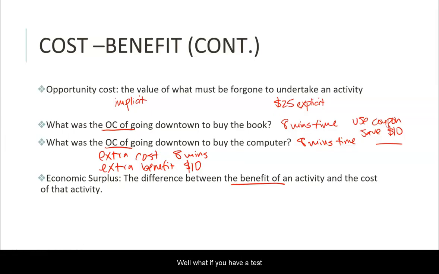Well, what if you have a test in 40 minutes and it's on this book? You haven't purchased it, you haven't read any of the pages, and it's a huge chunk of your grade. Would you waste 16 minutes of that time to save money on the book? Probably not. That time value actually increased significantly.